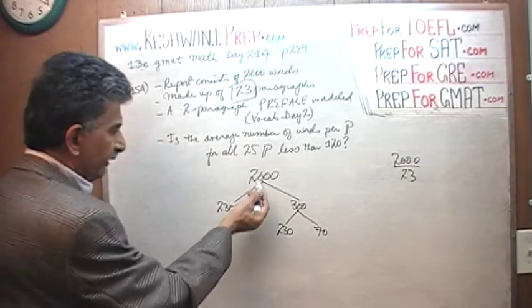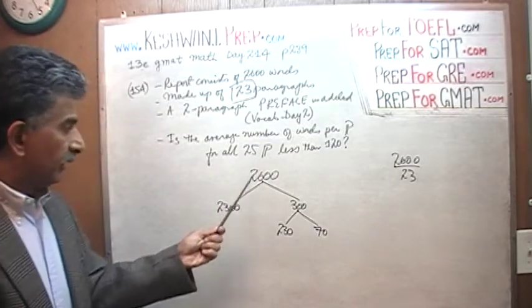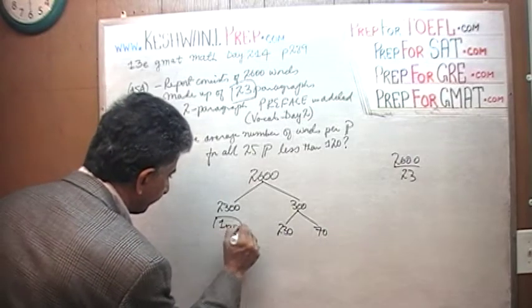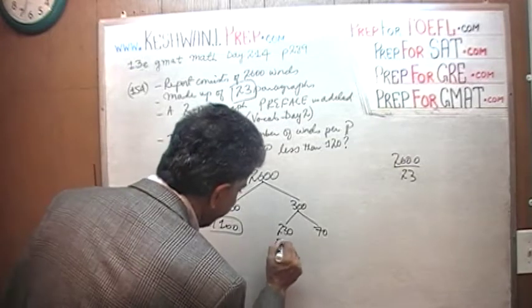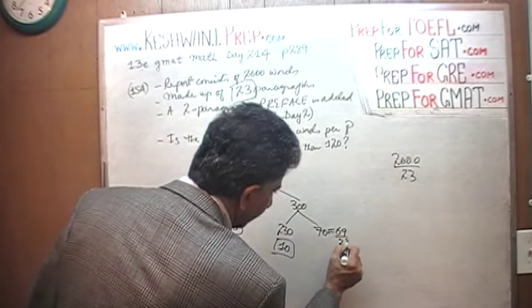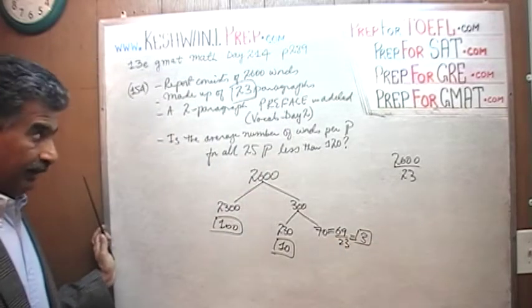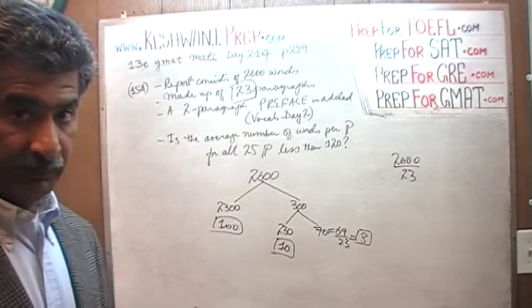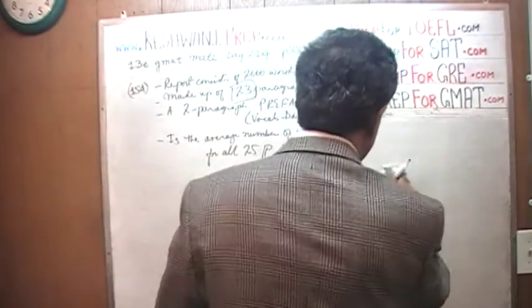We split the 2,600 into 2,300 and 300. 2,300 divided by 23 would be 100. 230 divided by 23 would be 10. And then 70, which is about 69, and 69 divided by 23 is 3. So as it stands right now, the average number of words per paragraph without the preface is 100 plus 10 plus 3, 113.